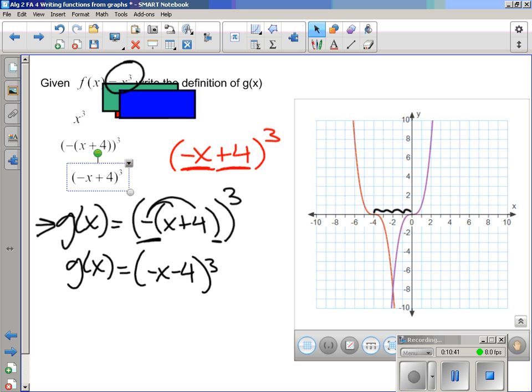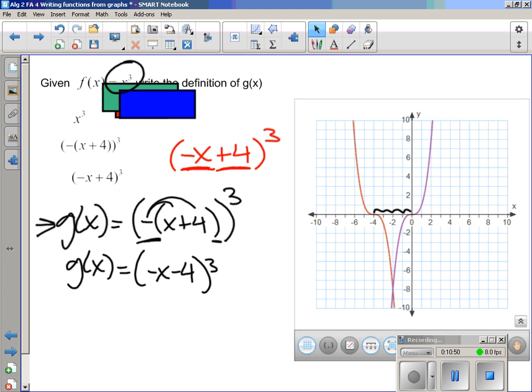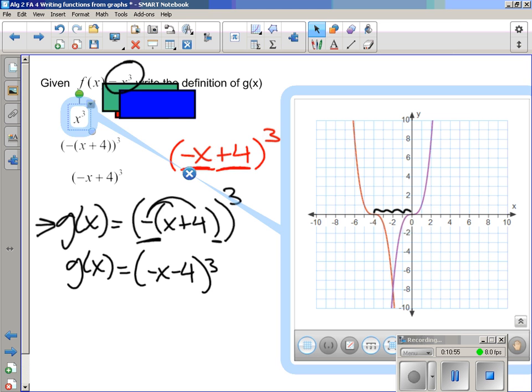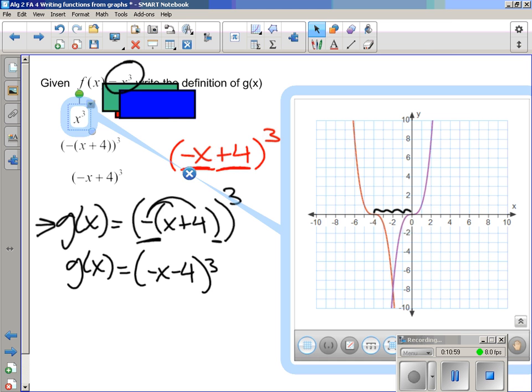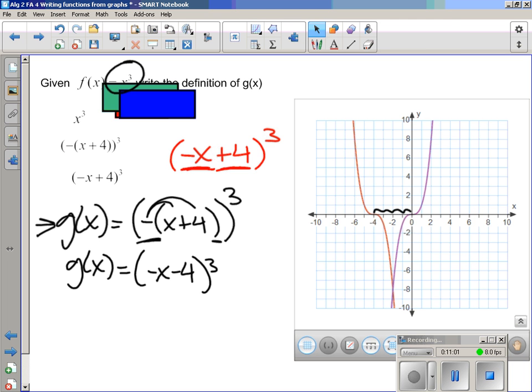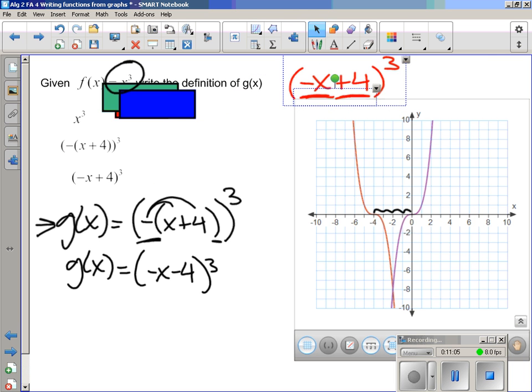What I'm going to do, because I can only have 2 graphs on here at a time, I'm going to actually take x cubed off. Or let's try that again. Why aren't you doing this? You know, you love technology, but when it causes problems, it's a bit frustrating.